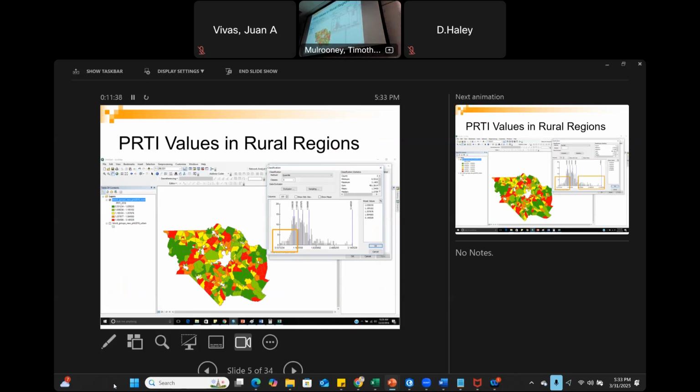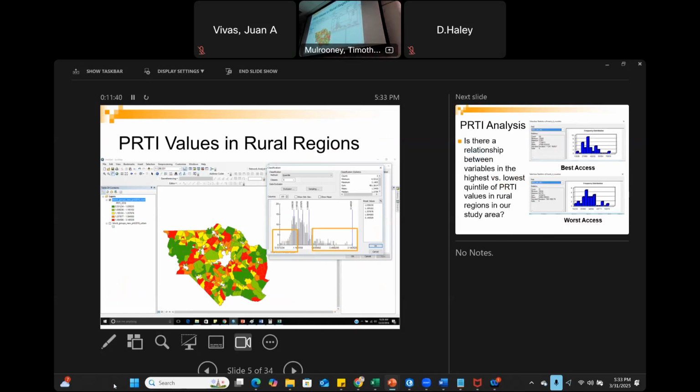But one of the things with our two-tailed t-test is that I want to look at the best access versus the worst access. I want to look at the dark reds versus the greens and see if there's a difference between them. Just like we did with the reds and the blues. Hey, is there a difference in income between the people who have poor access versus the people who have the best access?